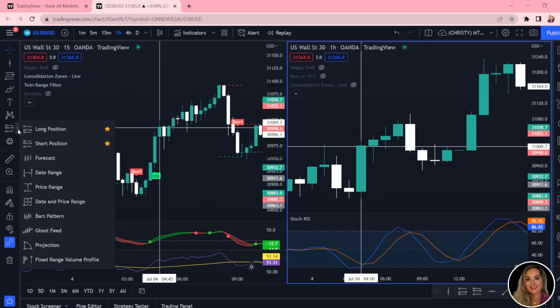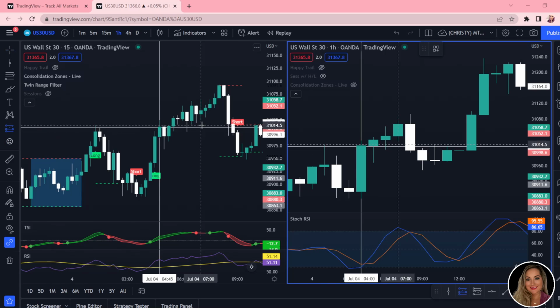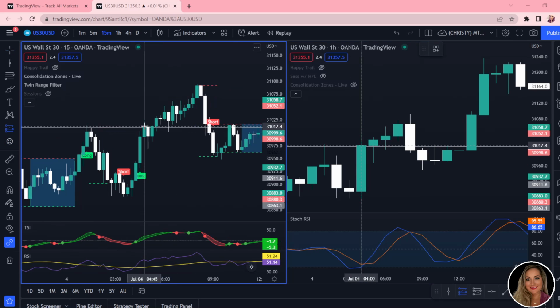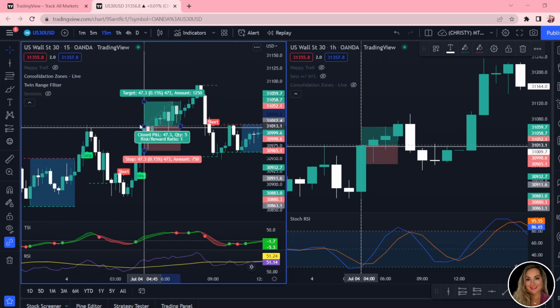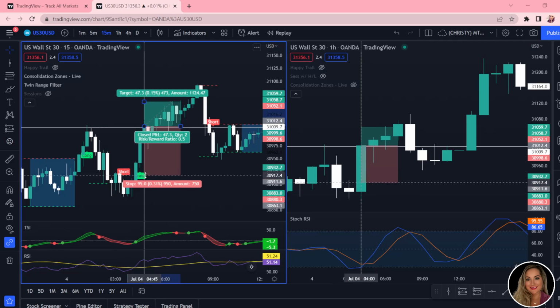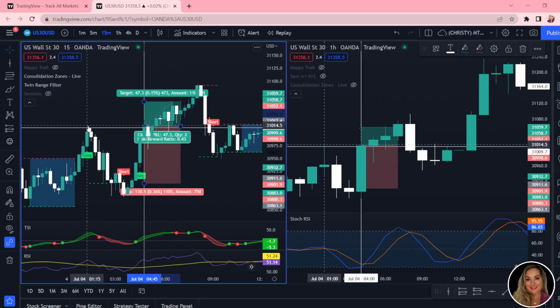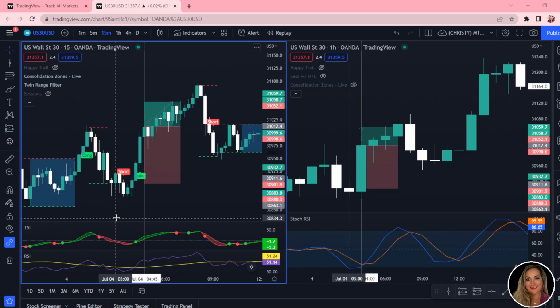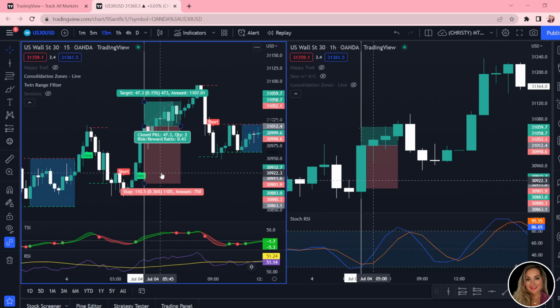This actually works out for the best for you because this probably would have been a loss. I'll mark it up just so you guys can get an idea. If you had taken it and you didn't listen to the Stoch RSI on the 1 hour time frame, say you hypothetically entered here, your stop loss, you should be using the consolidation zone. So when we're looking at this previous zone, the bottom is here. However, that's over a 100-point stop loss.